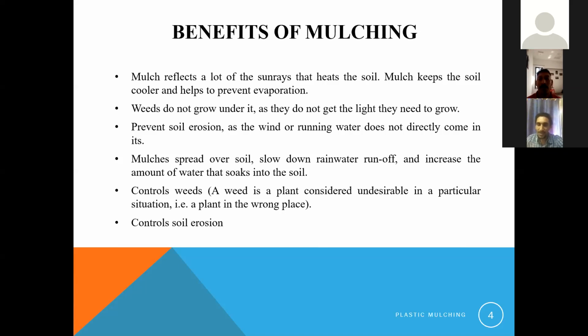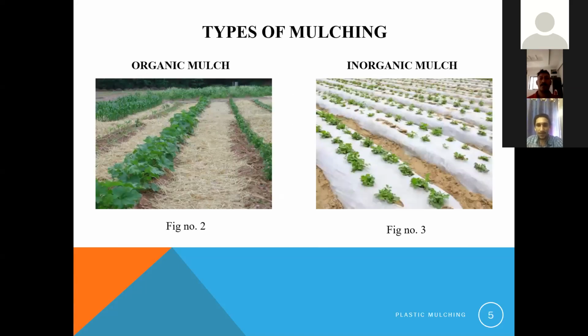Third point is it prevents soil erosion, reduces rainwater runoff and increases the amount of water that soaks into the soil. Fifth point is control soil erosion. The next slide is types of mulching.